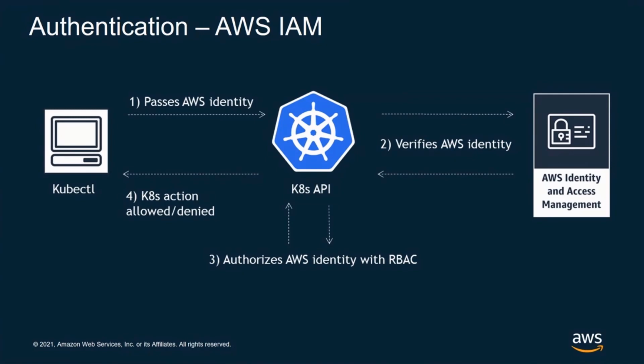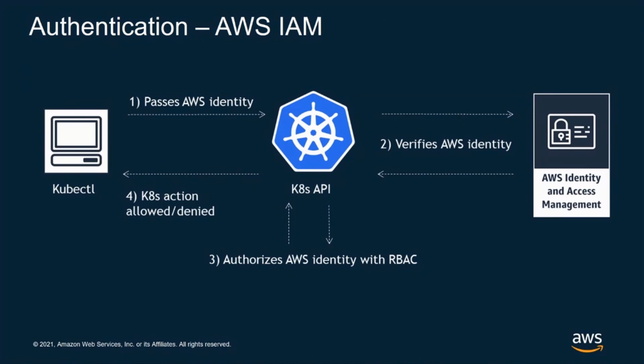This works using the AWS STS GetCallerIdentity API endpoint, which returns information about whatever IAM credentials you use to connect to it. The authenticator client or kubectl that you'd use generates and pre-signs a request to the endpoint in the form of a token, which passes through the Kubernetes authentication system. The token is passed through the Kubernetes API server into the authenticate endpoint through a webhook configuration.